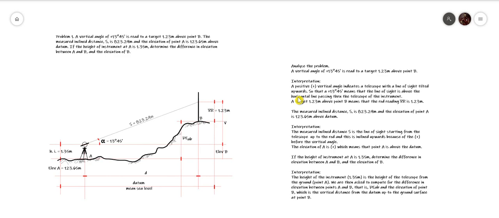So a positive vertical angle of 13 degrees 45 minutes means that the line of sight is above the horizontal line passing through the telescope of the instrument. And a target 1.23 meters above point B means that the rod reading RR is 1.23 meters.